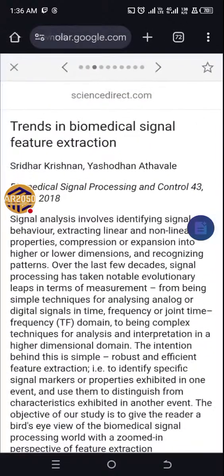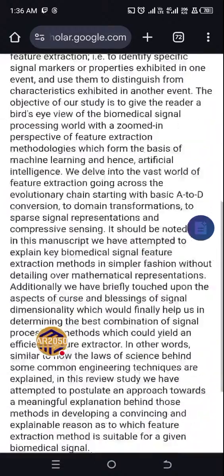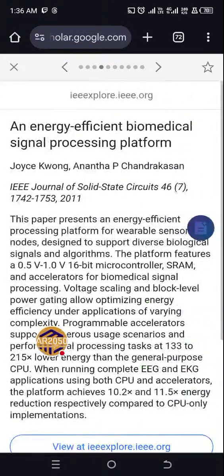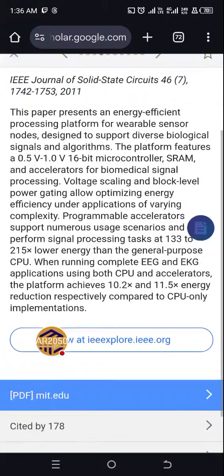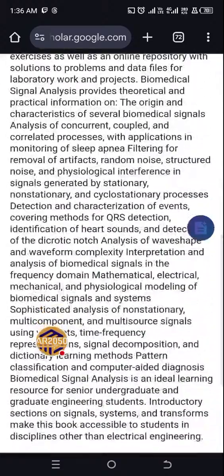Let's come to the scholars. Trends. Energy efficient biomedical signal processing. Biomedical signal analysis.